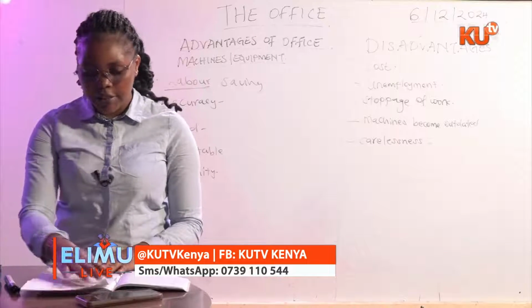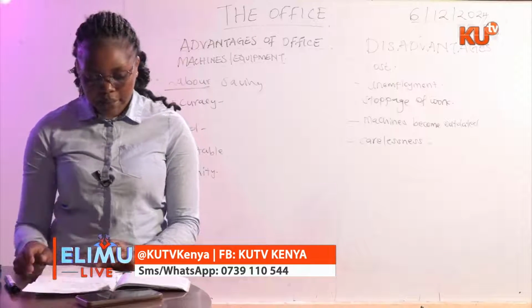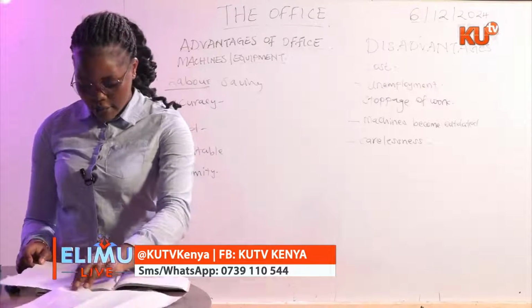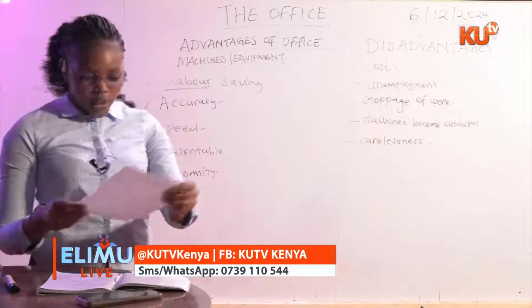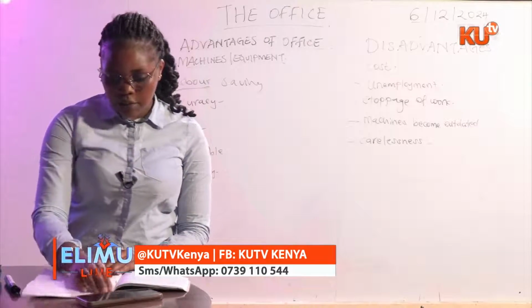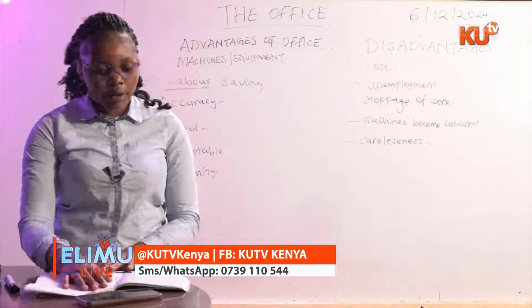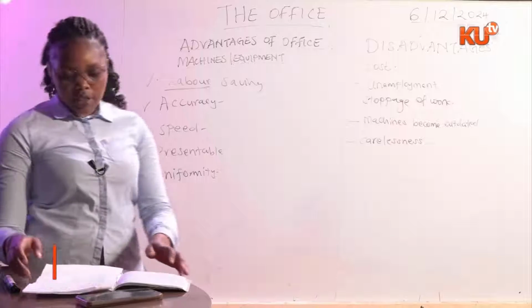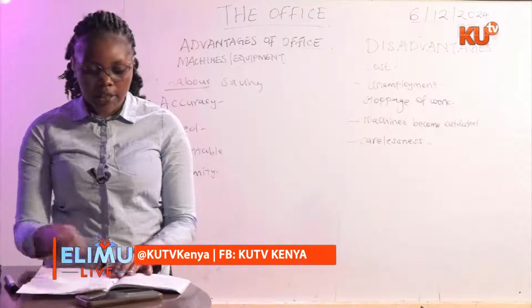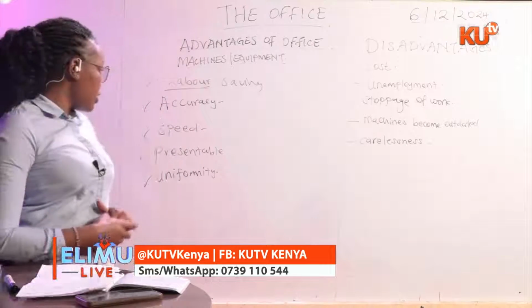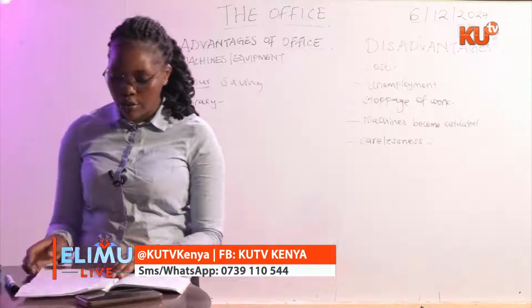The assignment is to visit an office near you, or even when you go back to your schools. Ensure you identify at least 3 of the office equipment and get to know how they are used.